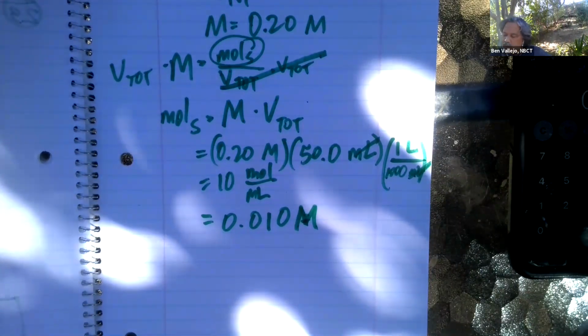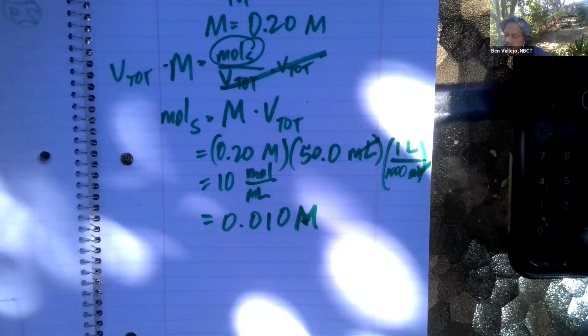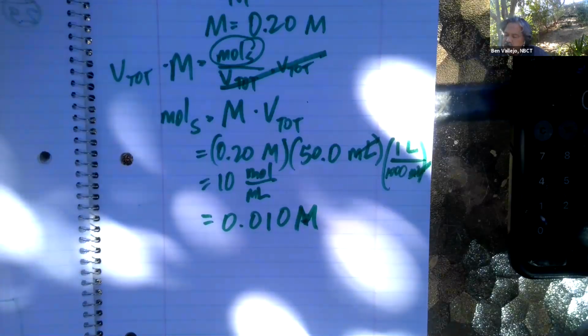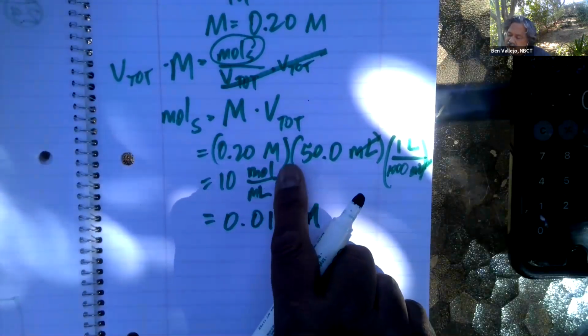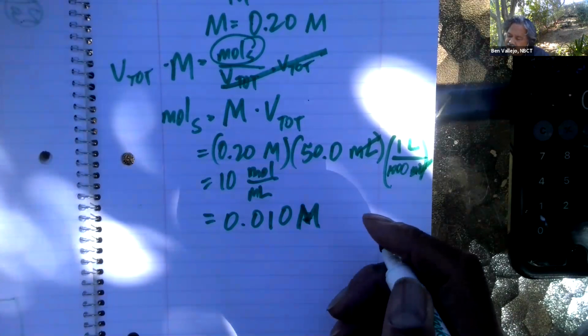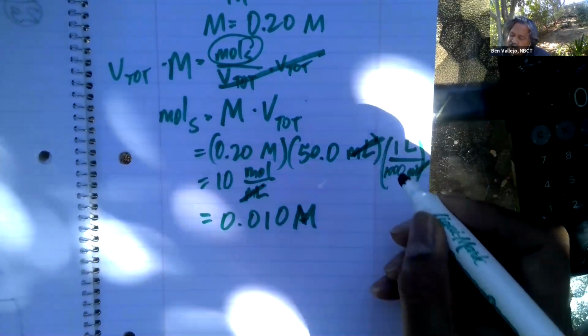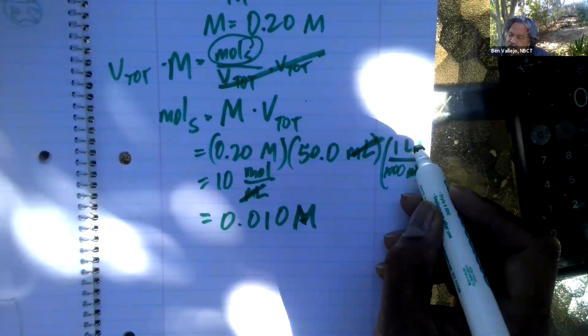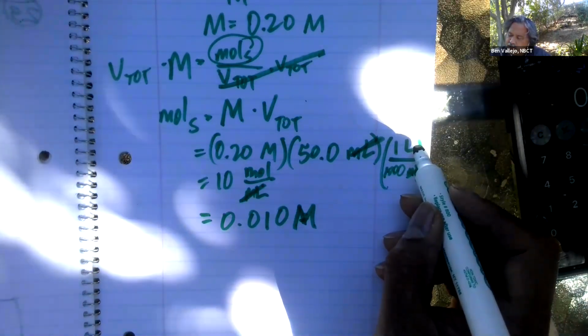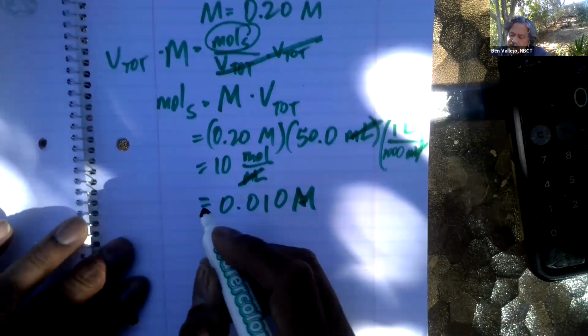Oh, wait, we were going for moles, weren't we? We were going for moles. See, these cancel out. And then here's the milliliter canceling out. And then here you have liters over here. What did I miss? Oh, all right.